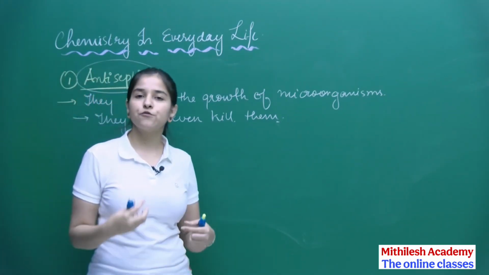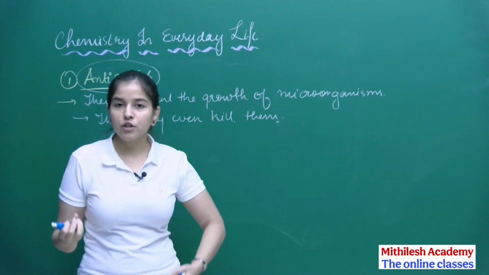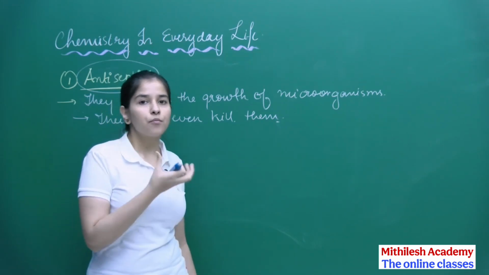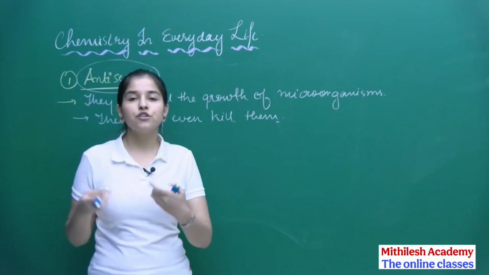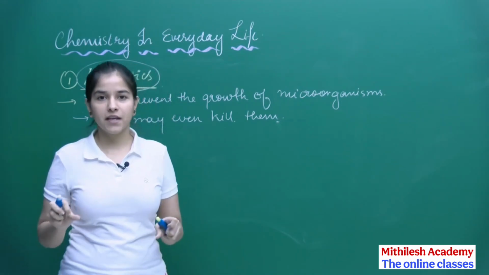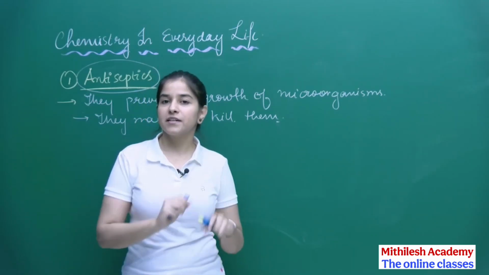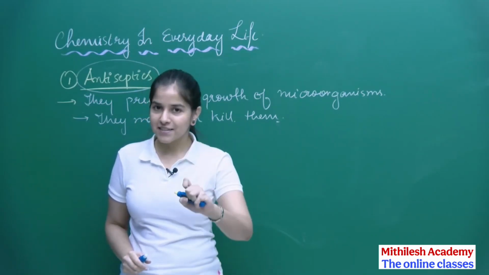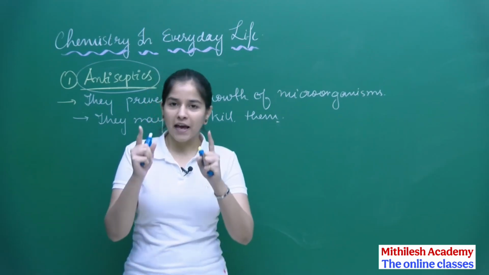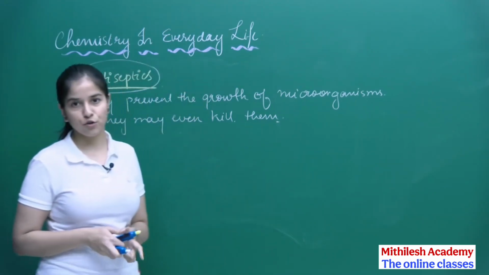Antiseptics come in the form of skin creams, solutions, even powders, even soaps. All these things which can be applied on our skin, which can be applied onto our body, are included under the category of antiseptics. That means any kind of living tissue, we can apply antiseptic onto it.